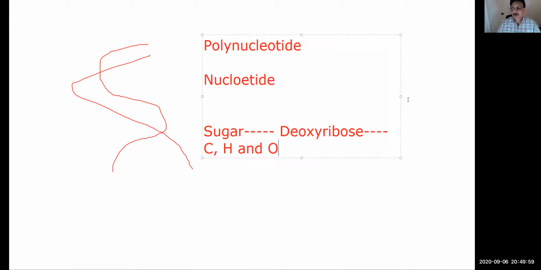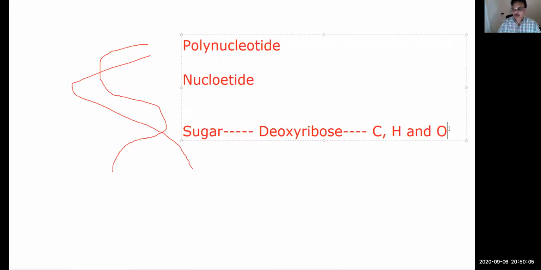We will go into this later on, right? Then the second molecule is phosphate. Phosphate is phosphorus and 4 atoms of oxygen.